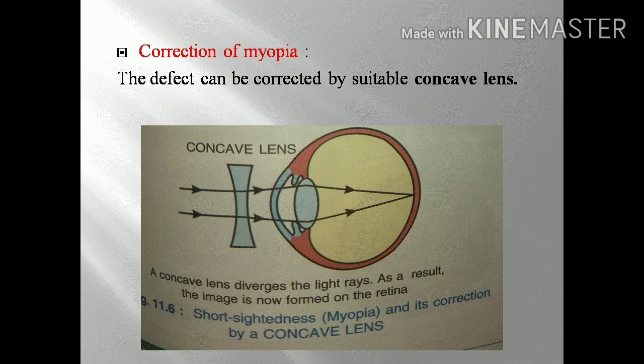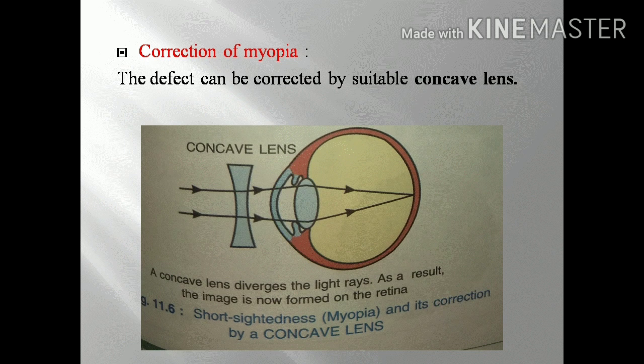Correction of myopia. How can we correct this myopia? This defect can be corrected by a suitable concave lens, which causes the light rays to diverge before they strike the lens of the eye. Most of your classmates using spectacles may be suffering from myopia, and the power of the glasses is mentioned as minus.